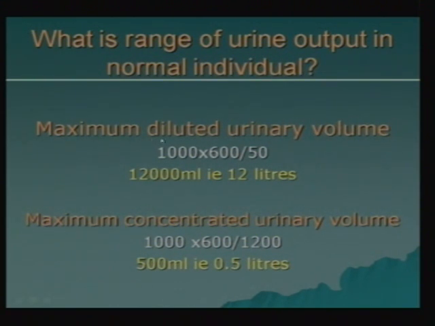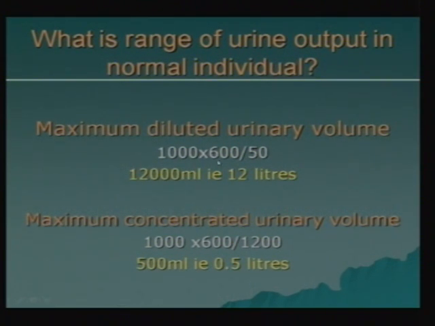So let us say somebody is passing maximally diluted urine, he is taking a lot of water or for one reason or another, he has to get rid of 600 milliosmoles. If let us say 50 milliosmoles is the osmolality in the urine, then he is getting rid of 50 osmoles in 1000 ml. In order to get rid of 600, he will require to pass almost 12,000 ml of urine, that is 12 liters.